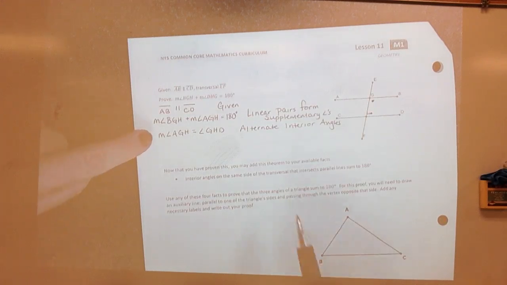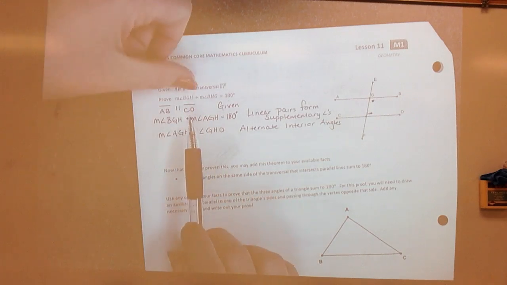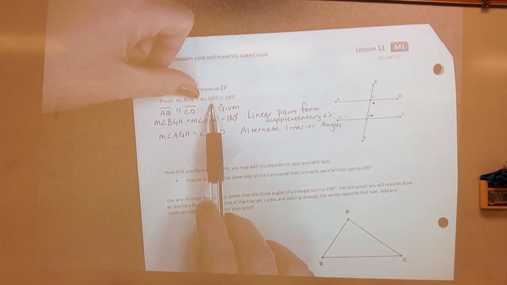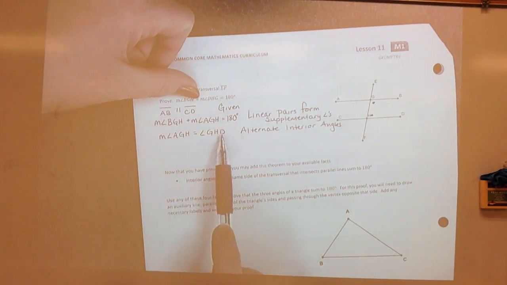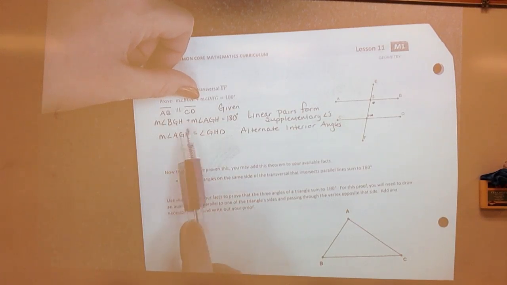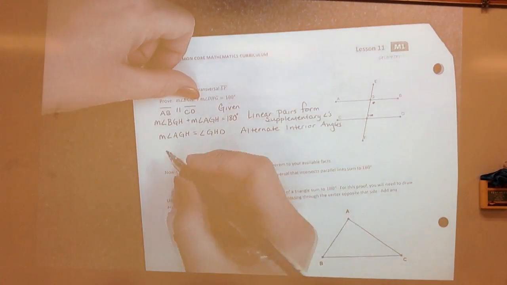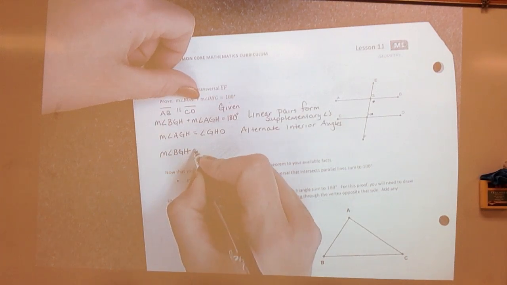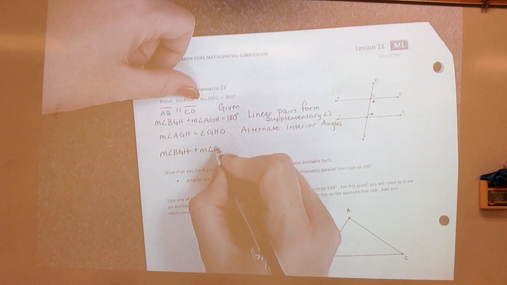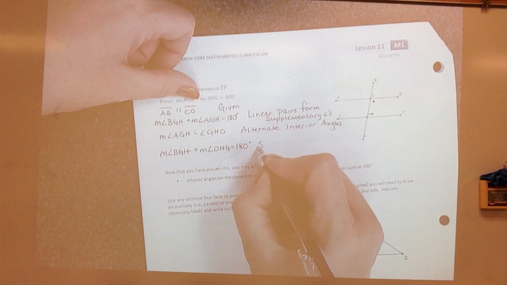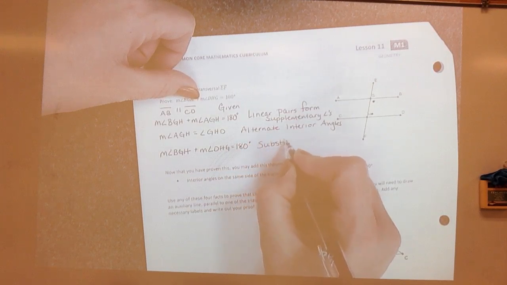So now let's look at this. My statement is the measure of angle BGH plus the measure of angle DHG. Well, what do I know about the measure of DHG? It's equal to the measure of AGH, so I can now substitute. So the measure of angle BGH plus the measure of angle DHG is equal to 180 degrees because of substitution.